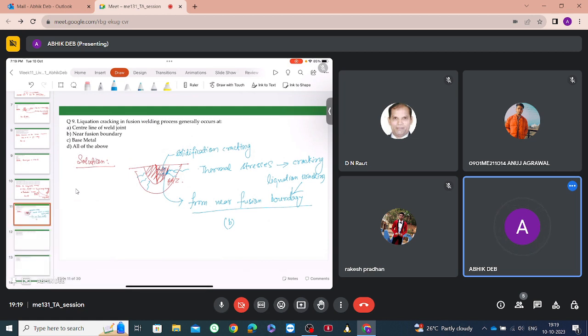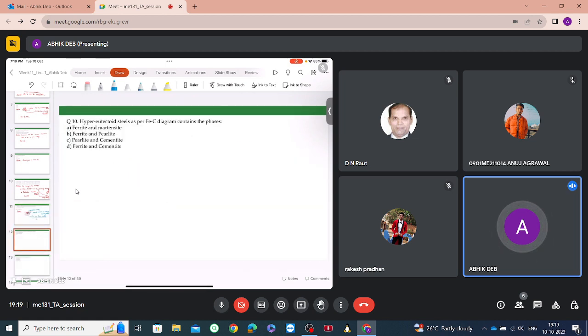Okay, now this one. Hypereutectoid steels, as per the iron carbon diagram, contain the phases of which of these? Yes, any idea?